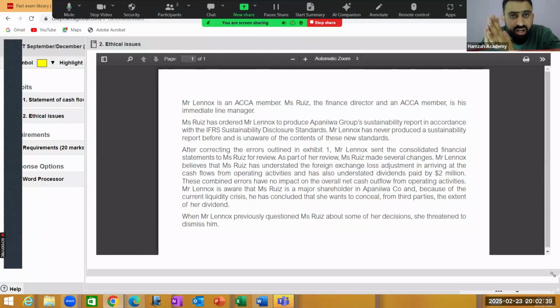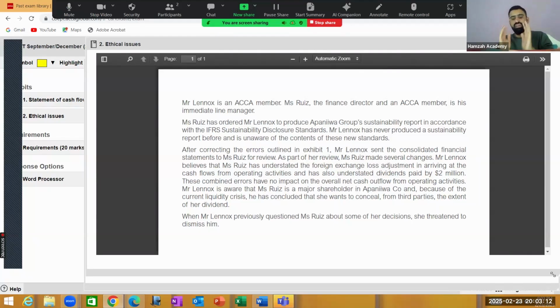We should not associate ourselves with a statement which we know is wrong or may misguide, causing a misrepresentation of the financial statement. Being a professional accountant, and especially being an ACCA member, it is our very important duty. And we should take care of this in our professional life.